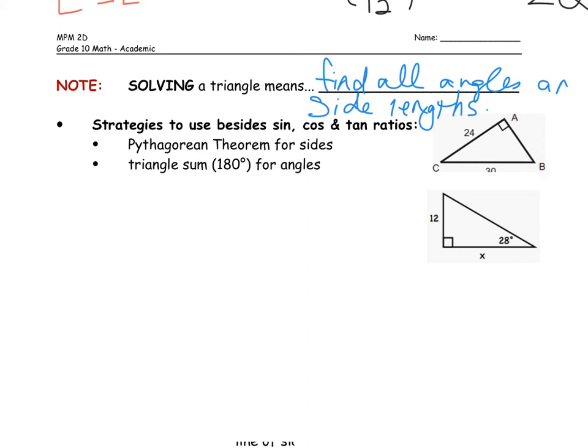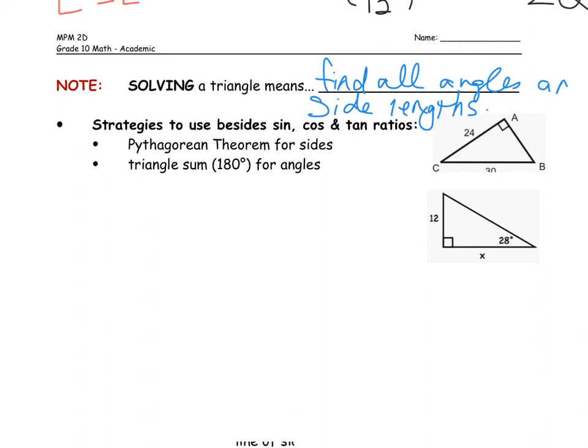But that's not the only first step that I could take. I could use trigonometry to solve for an angle first. So for example, it looks like this is my hypotenuse and my adjacent side. So I could solve for angle C first and then use that information with another trigonometric ratio to solve for my side AB. So that's one option.